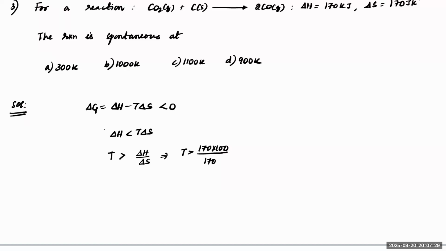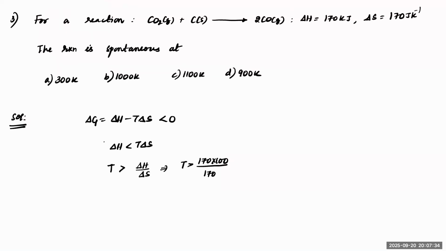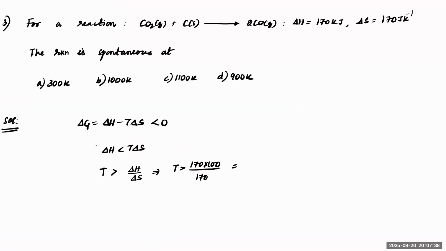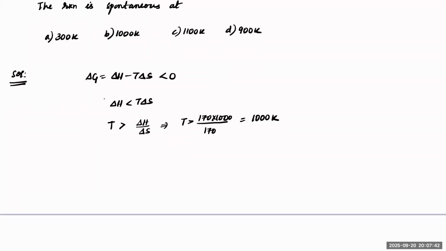Got it? So we're getting 1000 Kelvin. So temperature has to be greater than 1000, not equal to 1000. Just be careful about that. So it has to be C. Okay, correct. Pratisha, right? Utsa, correct.